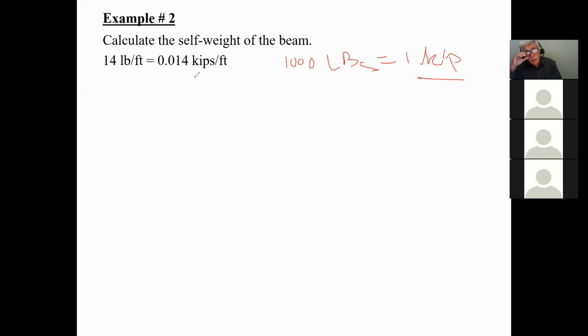Everything is done in kips, thousands of pounds. So in other words, I take the 14 pounds per foot and convert it to kips per foot. I simply divide this by 1,000 pounds per kip, and therefore I get kips per foot. Clear? So that's it.